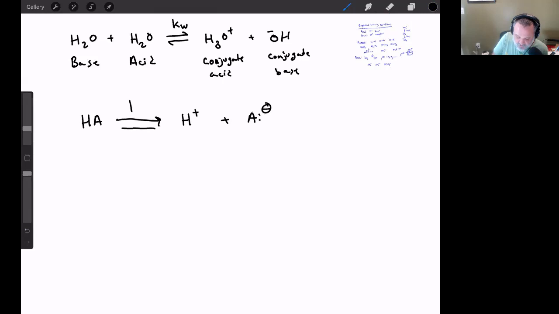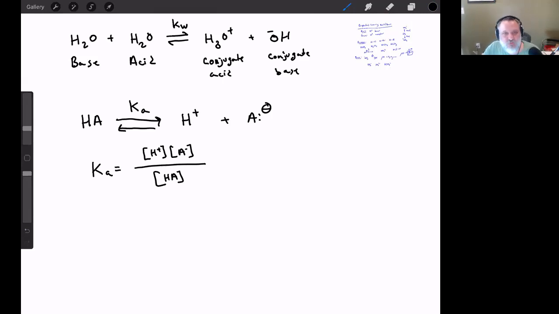This has an equilibrium constant, a Ka, and I can write the equilibrium expression as the concentration of H plus times the concentration of A minus divided by the concentration of HA at equilibrium. We did a lot with this in general chemistry too. We took the log of both sides and came up with the Henderson-Hasselbalch equation. But at the end of the day, this is a measure of the strength of the acid.